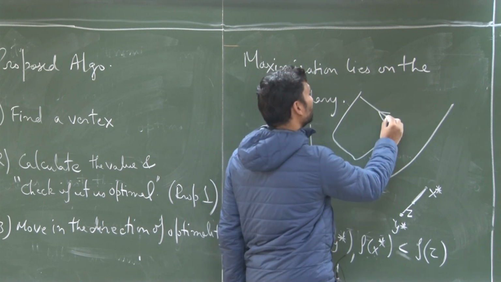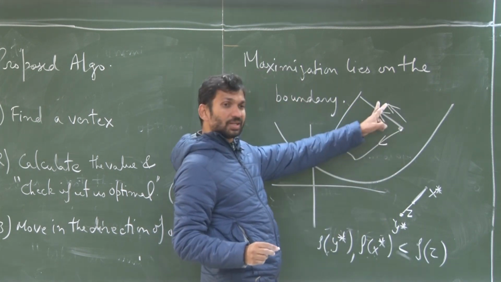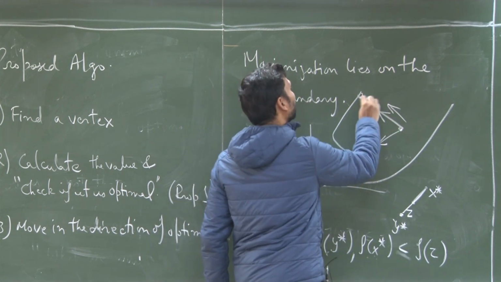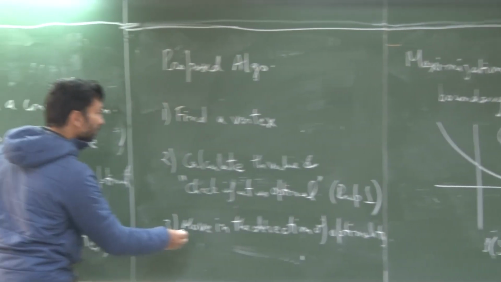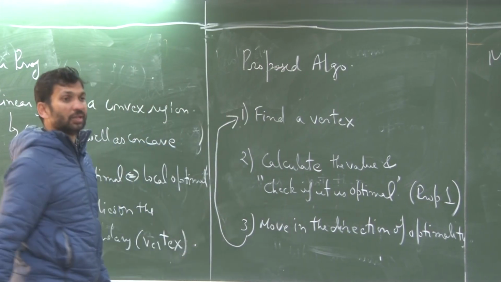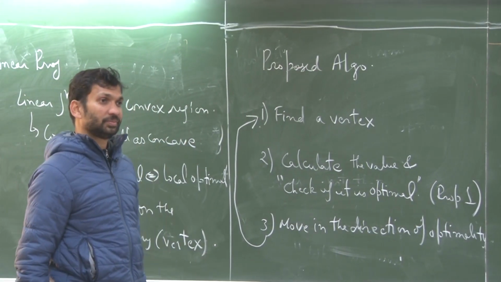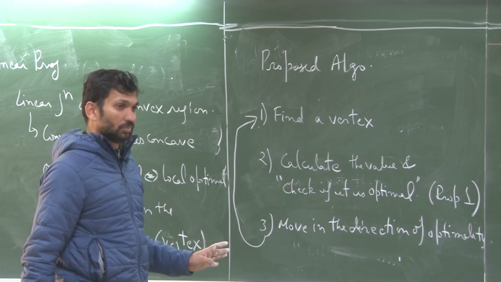But let's say the value increases in this direction. If the value increases in this direction, we can go and find another vertex in this. So then we move in the direction of optimality and find a vertex again. This is the idea of the simplex algorithm.